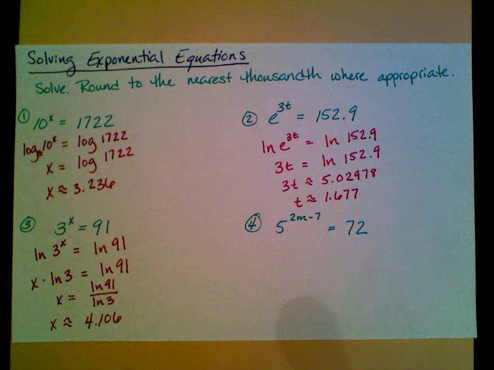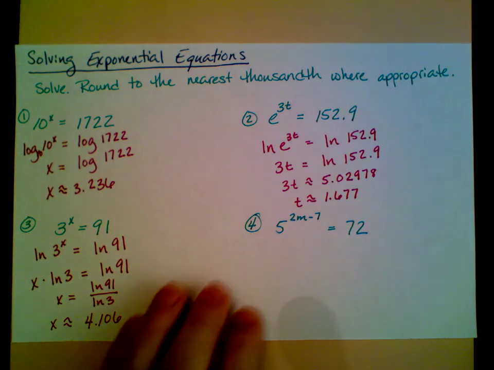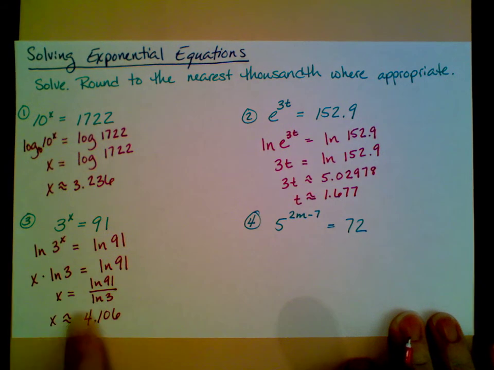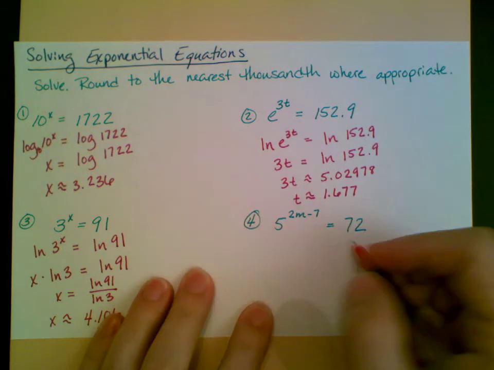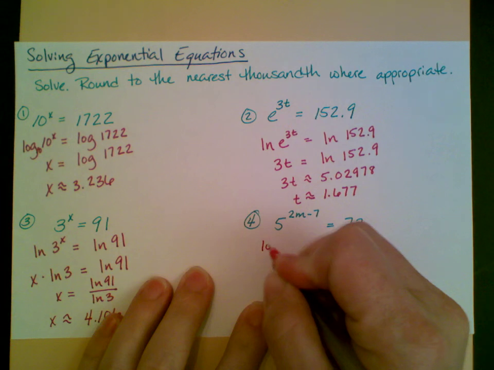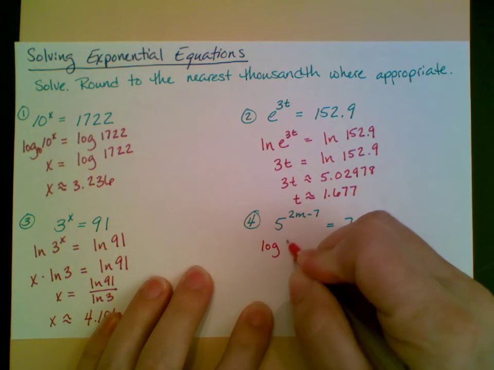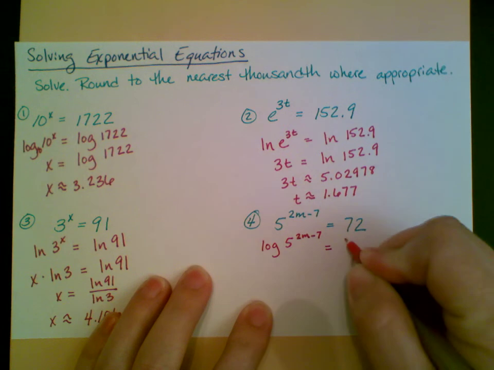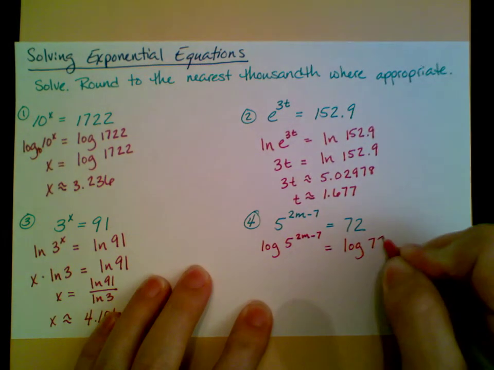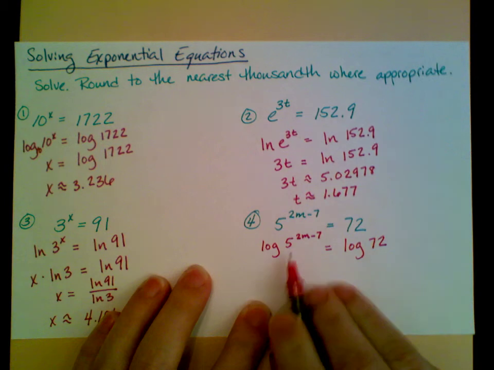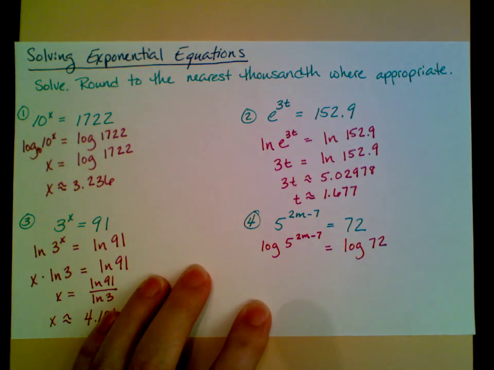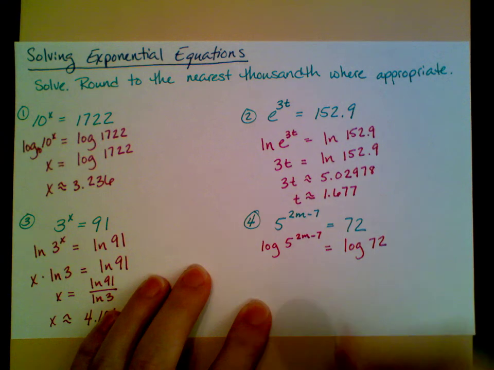All right, so finally, let's do number 4. Now, last time we took the natural log on both sides, although we saw how it was the same for the common log. This time, I'm going to write in taking the common log of both sides. So the common log of 5 to the 2m minus 7 equals the common log of 72.